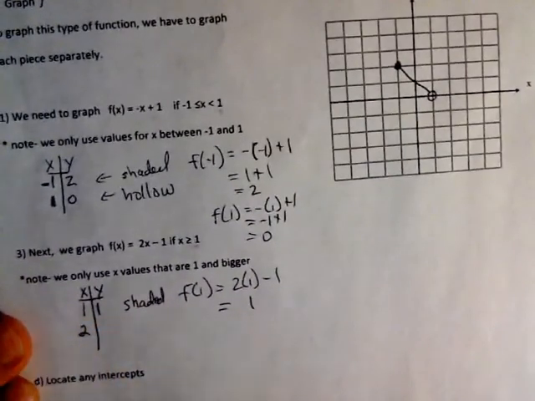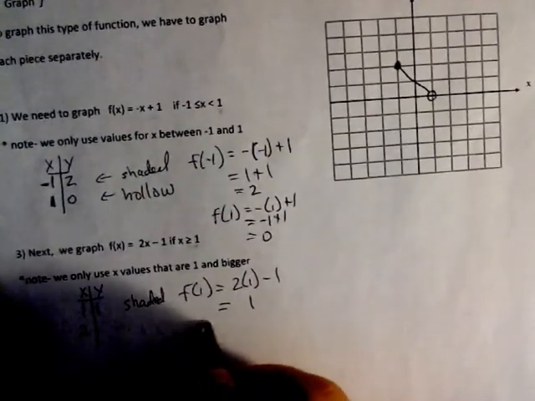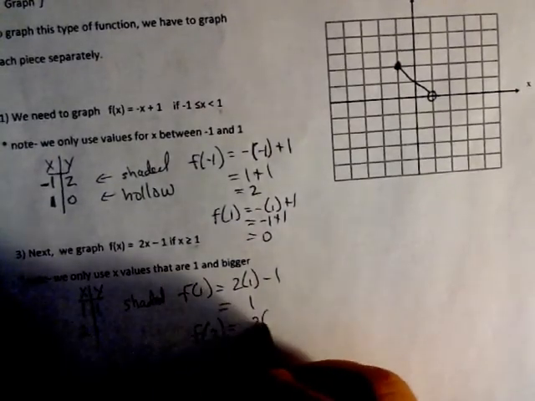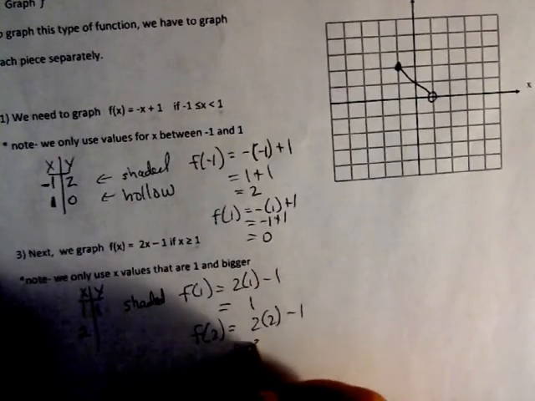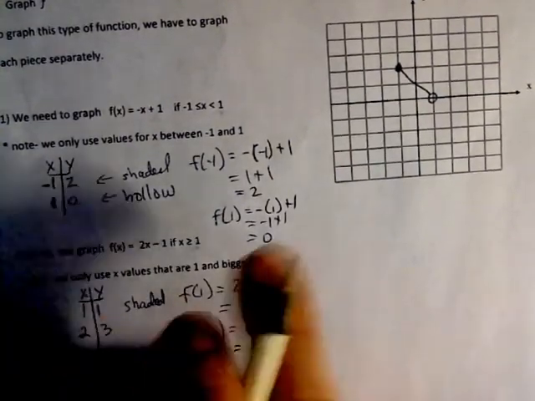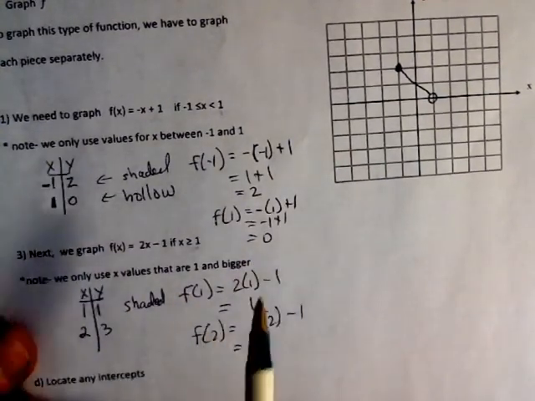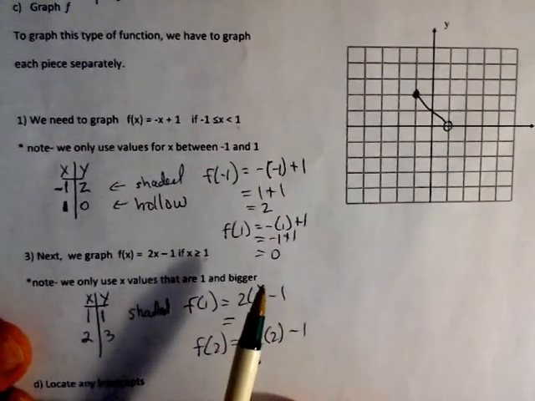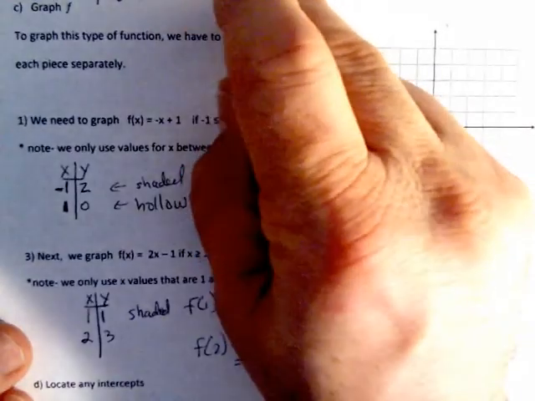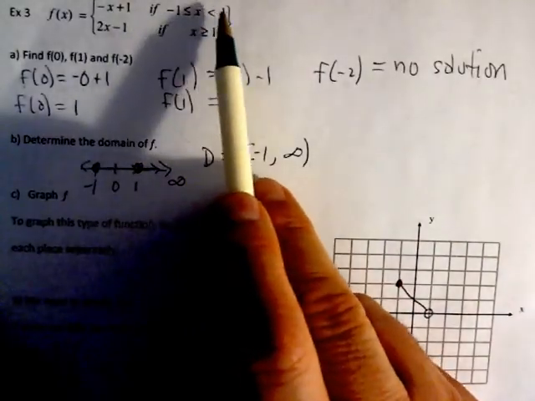So we can shade that point. f of 2 is 2 times 2 minus 1, which is 3. And it's also shaded, but we don't need to worry about that. The only ones we need to worry about specifically shading or hollow are when they're the beginning or ending points.